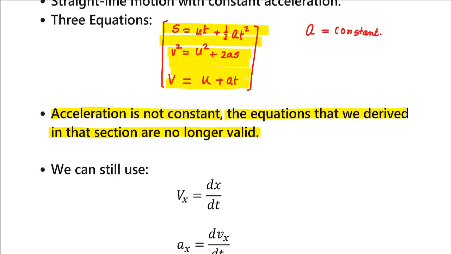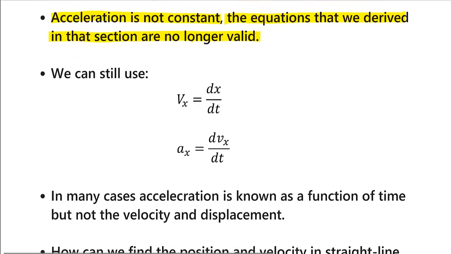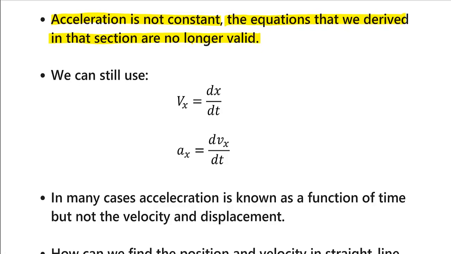Then what should we do? In that case we have to go from the definition of instantaneous velocity and instantaneous acceleration. If you remember, we defined average velocity as delta v is equals to delta x divided by delta t.